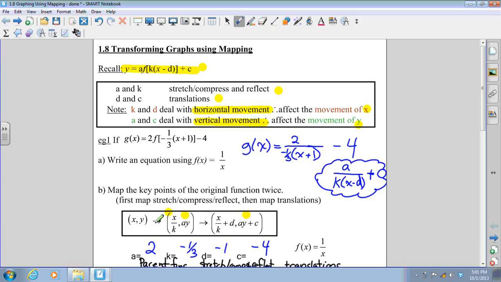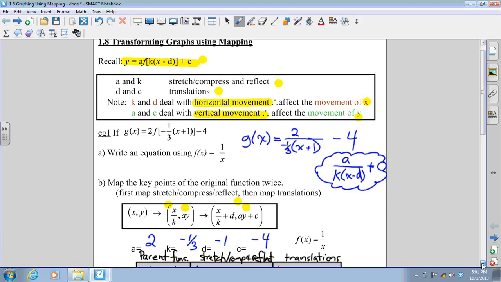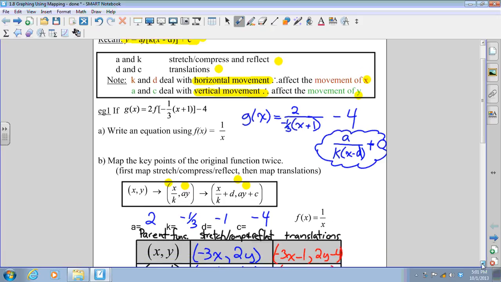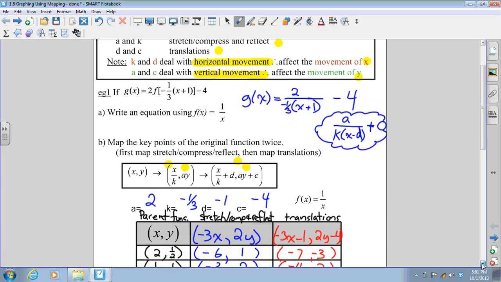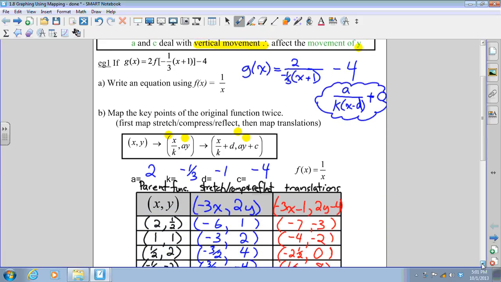So this starts with the original ordered pair from your parent function. Then we apply the K and the A, which is your stretch, compress, or reflect. And then lastly, in the third section, we do the translations, which is your up-down movement or left-right movement.